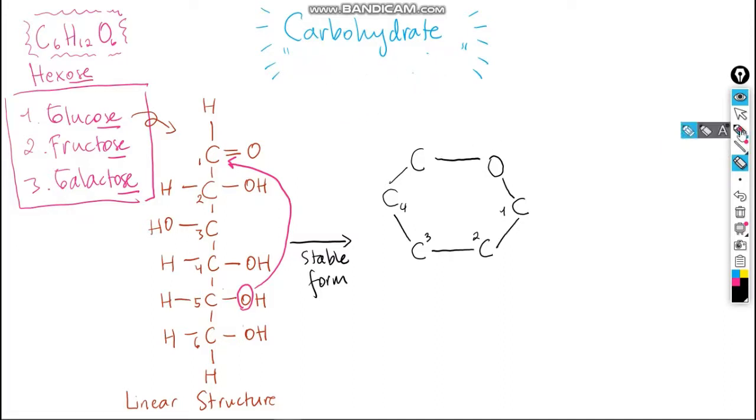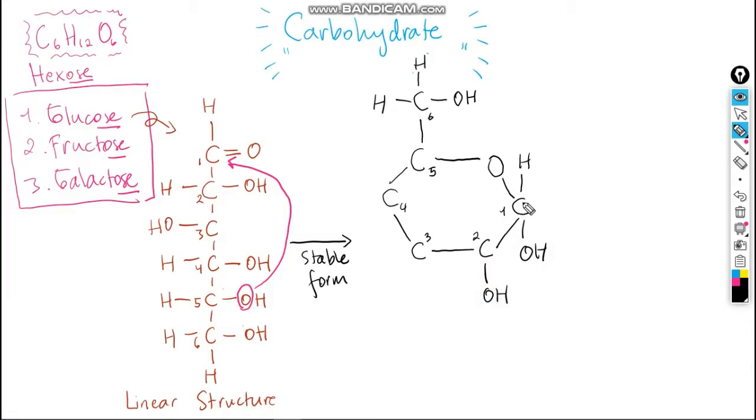We still have carbon number 5, and then carbon number 6 is here. Carbon number 6 has the OH group with 2 hydrogen atoms. Let's complete this one. The hydrogen comes from here, the OH, don't forget.